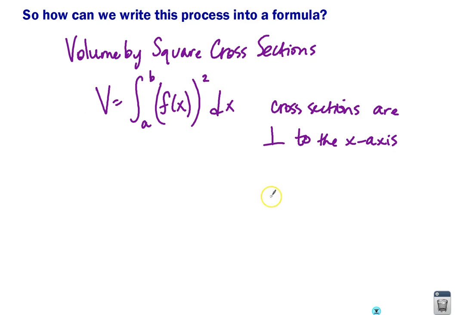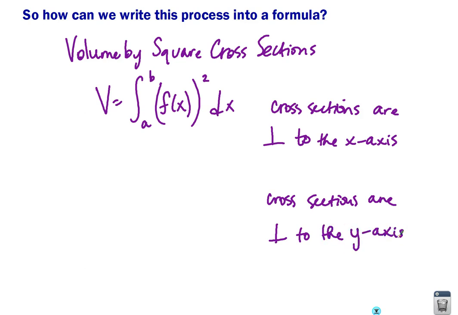How would this be different if we had our cross sections perpendicular to the y-axis? Well, if our cross sections are perpendicular to the y-axis, now you're going to do everything in terms of y. This was volume in terms of x; let's do volume in terms of y.